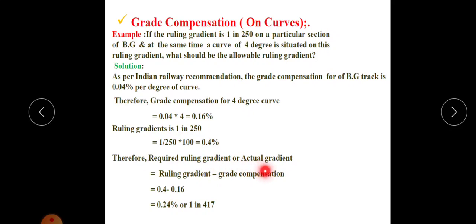The required gradient on the curve is ruling gradient minus grade compensation. So 0.4 minus 0.16 is 0.24 percentage, which can be written as approximately 1 in 470. Okay, so this is about different types of gradients and grade compensation. Thank you.